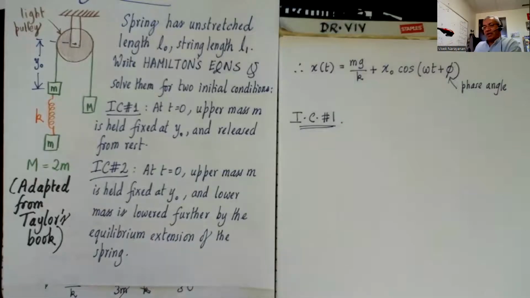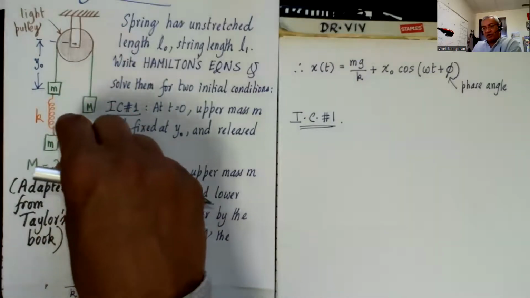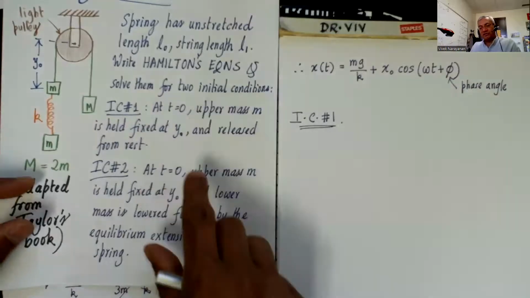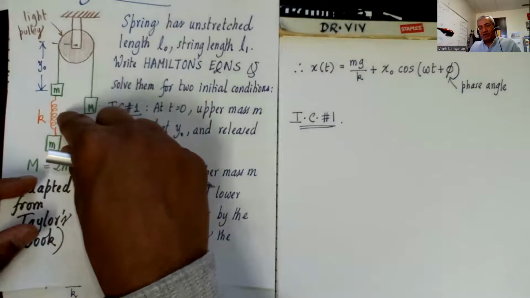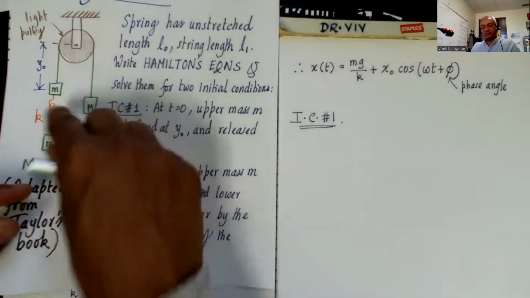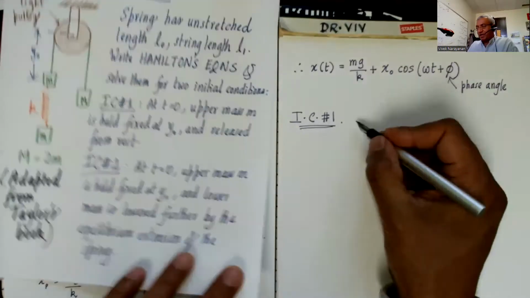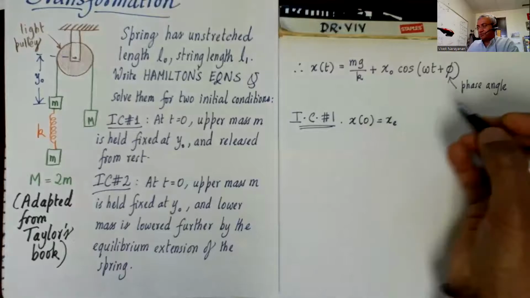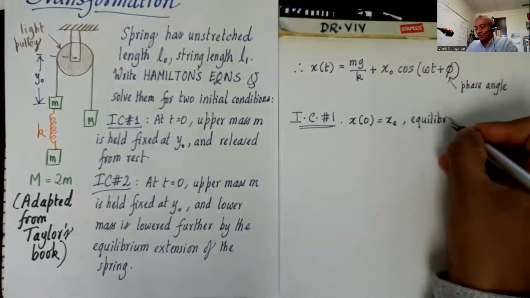So if it's held fixed, this is stretched to equilibrium length. So the first initial condition tells us that the stretch x of this mass of the spring is just going to be the equilibrium stretch of the spring. So that's the important information we can get. X of 0 is just xe, equilibrium stretch.